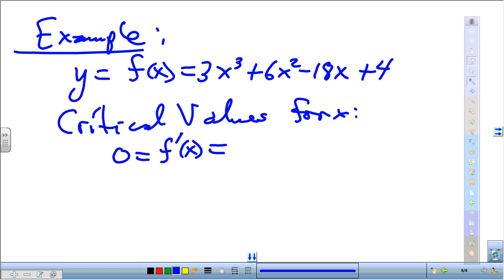And since this is a polynomial expression, it's continuous everywhere. It's nice, we have a nice derivative. So there won't be any places where it's undefined. So merely need, what are the solutions to 0 equal to 9x squared plus 12x minus 18?